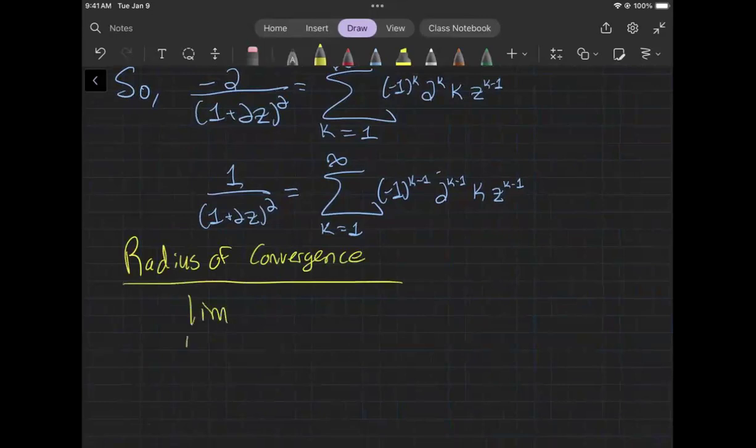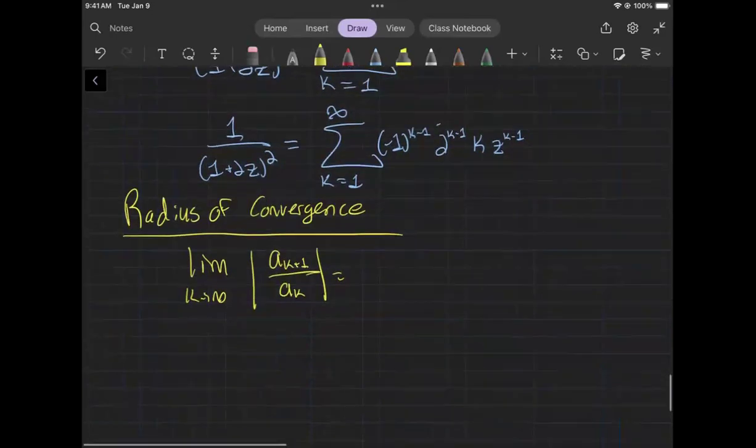Ratio test. Divide by a sub k. So this equals the limit as k goes to infinity of, a minus, that's positive.